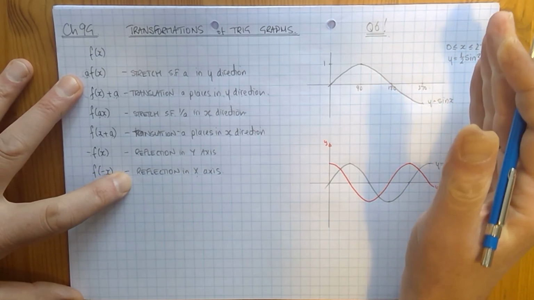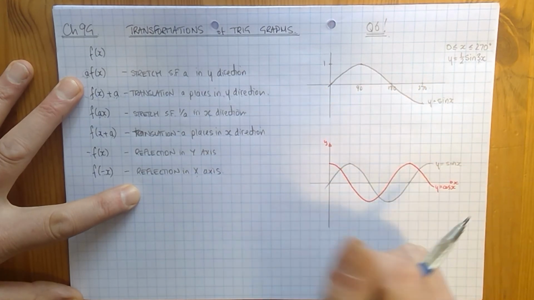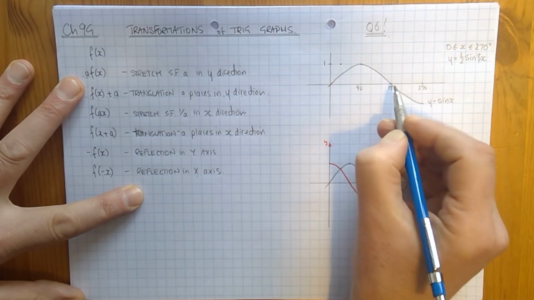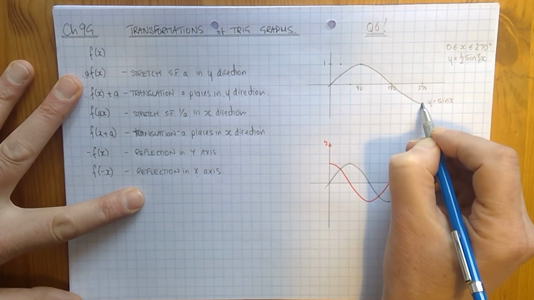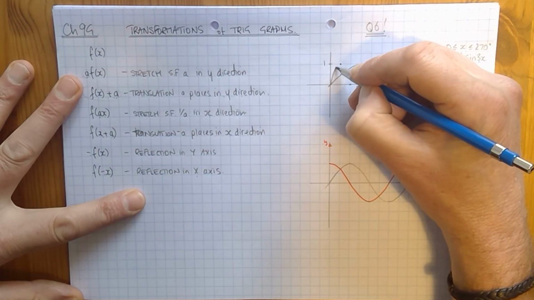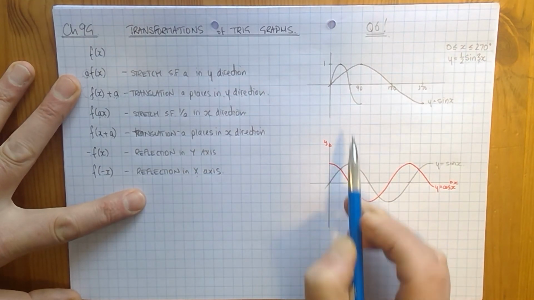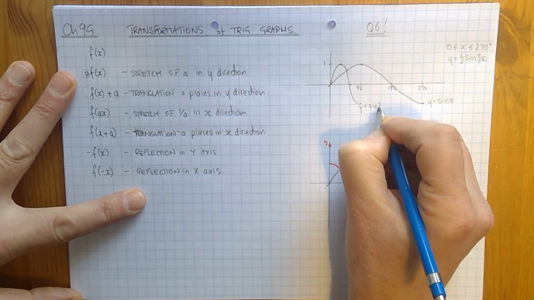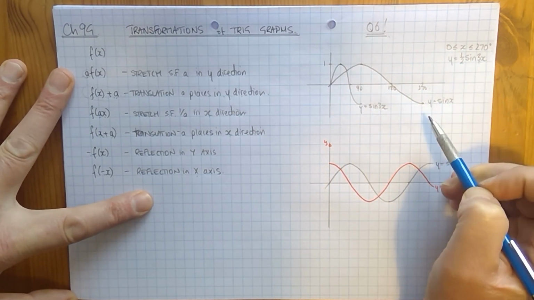Well, 3x is a stretch scale factor of 1/3, so it's squishing this all in by 1/3. So this point is going to go to there. This point is going to go to 1/3 of 180, which is 60. And this point is going to go to 1/3 of 270, which is 90. So it's going to be like that. So this is now y equals sine 3x for values of x from 0 up to 270.